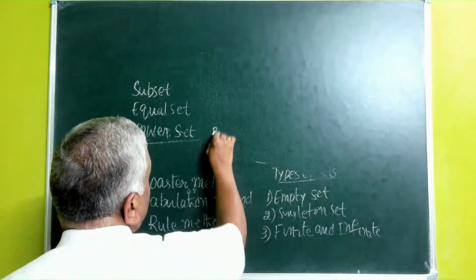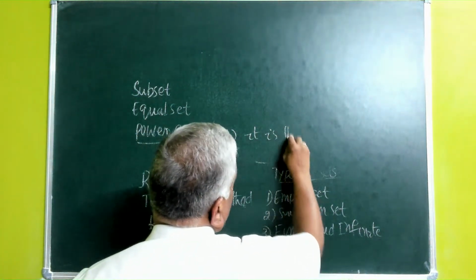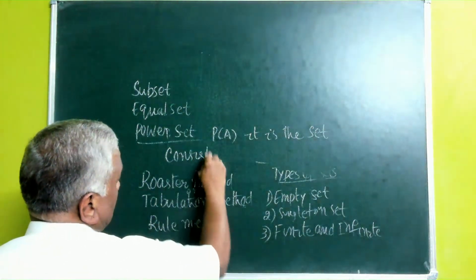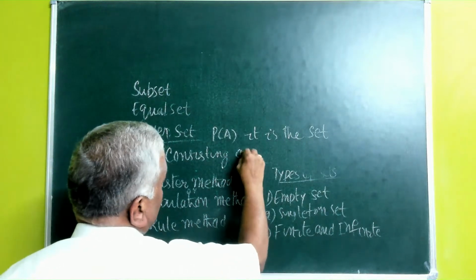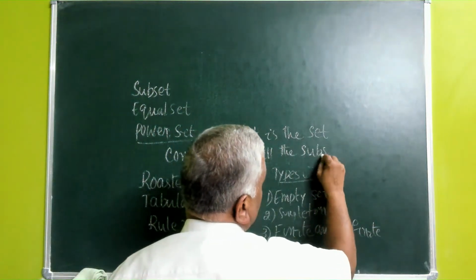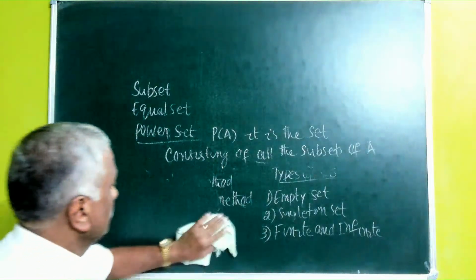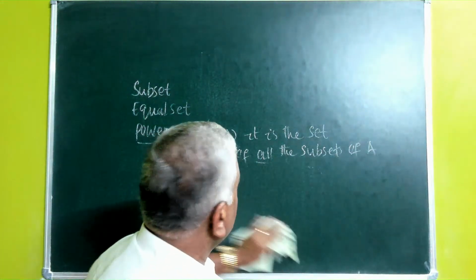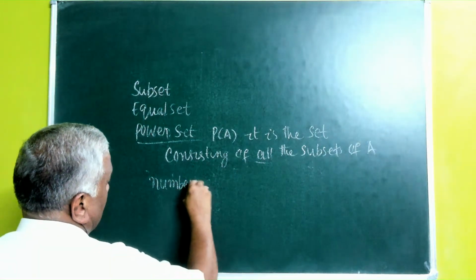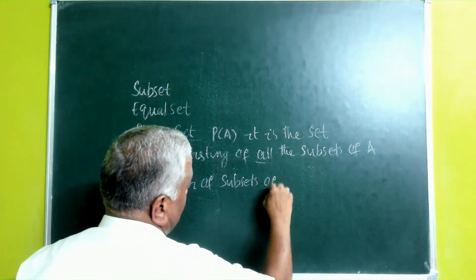Power set is denoted by P of A. It is the set consisting of all the subsets of A. Now here, it is better we recall the formula for the number of subsets of a given set.